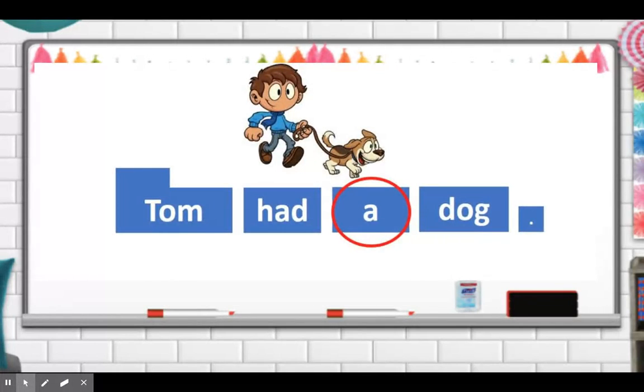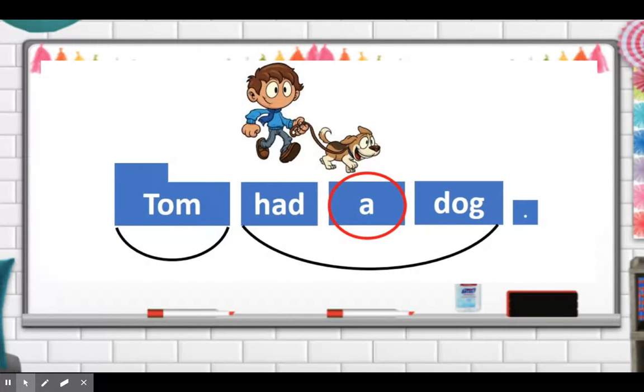So this is what your sentence should look like. Yours should match mine. Tom had a dog. That trick word is circled in red, so your trick word should also be circled in red. And then I want you to scoop your sentence because that reminds us to read with expression. Tom had a dog.